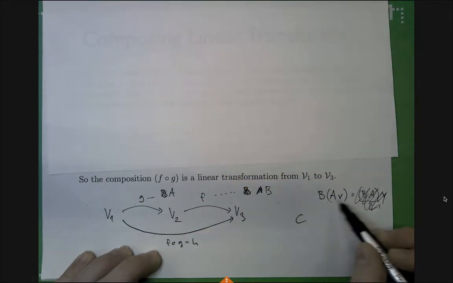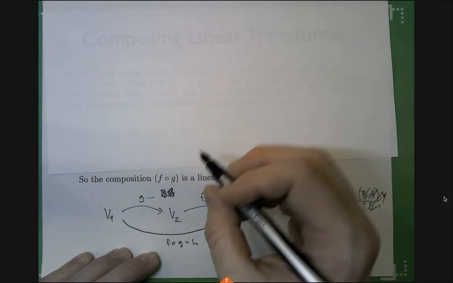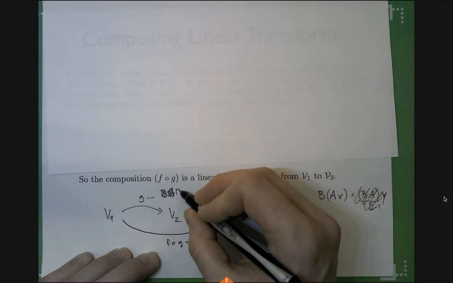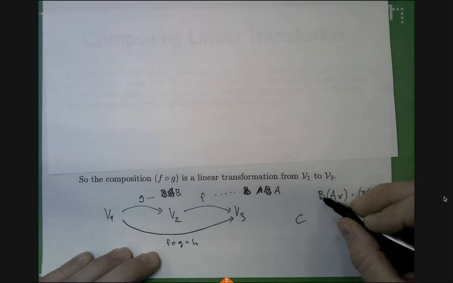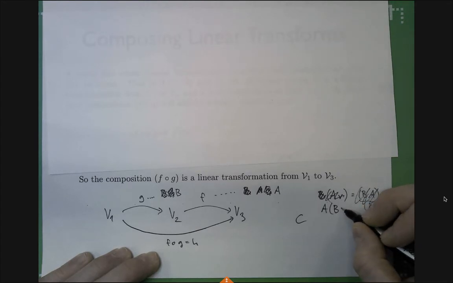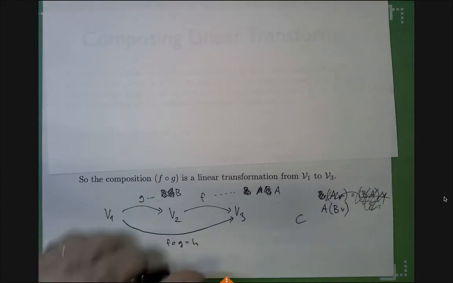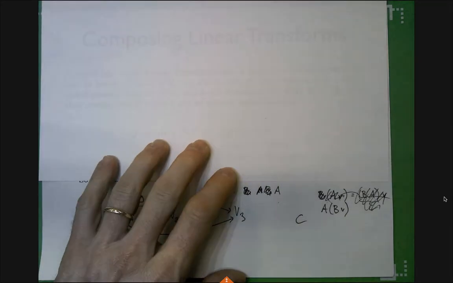Because I wanted the product to be AB, not BA, so it matches what I have on the next slide. So allow me to take it back and go back to the original notation, A and B. Okay, so I get a nice AB. It's just a notational thing. Sorry about that.